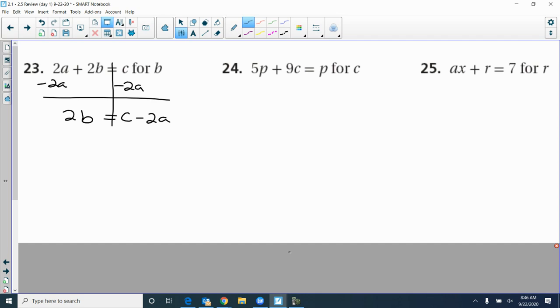So we divide all of those by 2. It gives me B equals C over 2. Can I divide 2 by 2? Yeah, what's that give me? It gives me 1. So really, what's going to be left right here? It's going to be A. So it's C over 2 minus A. That would be your answer.